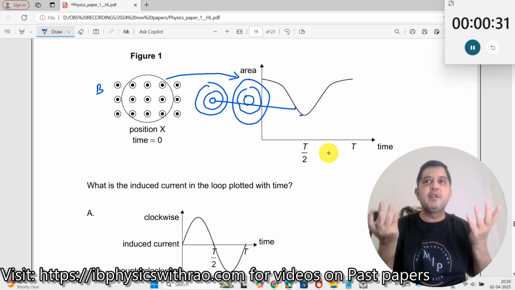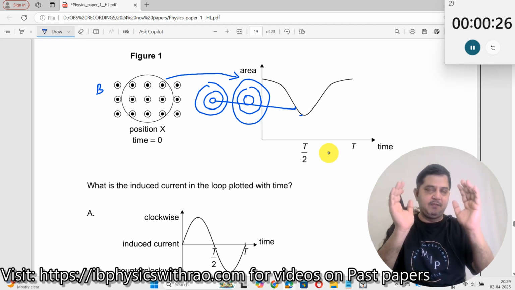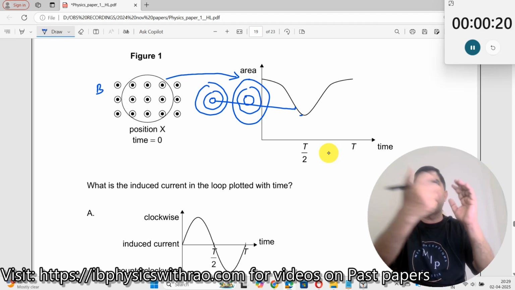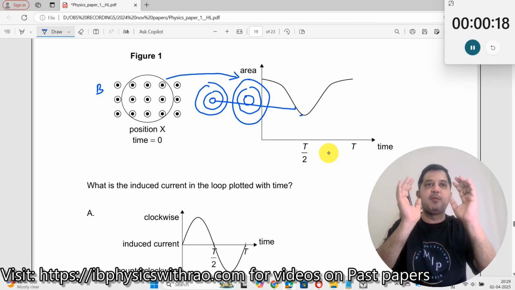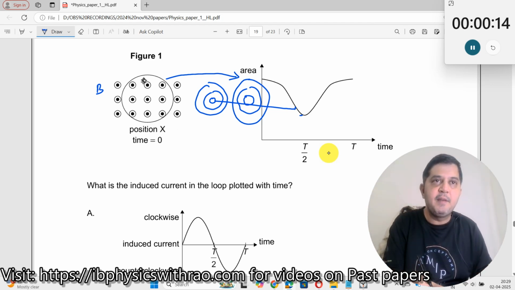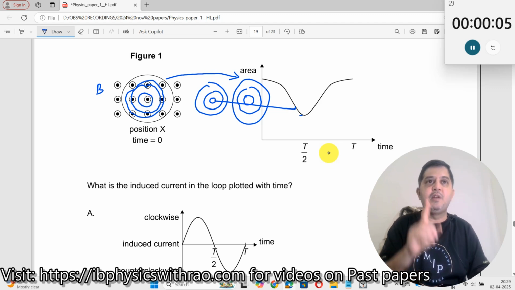Why should you get an induced current? When the loop is this big, take an example: you see 9 lines exiting outwards. There is a large amount of flux there. When it starts reducing and encompasses only so much, there are only 5 lines. When it becomes this much, only 1 line.